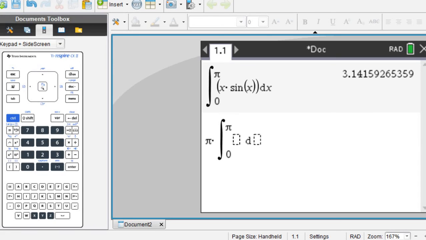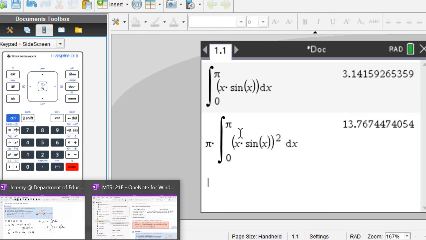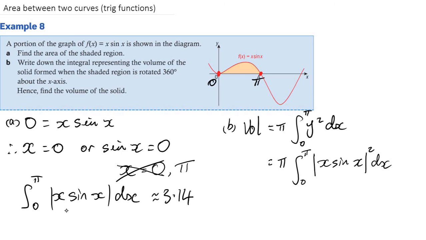Because we're squaring the function. So in brackets, you would type in x times sine of x, squared. About 13.8. So modulus not needed here. Sorry about that.